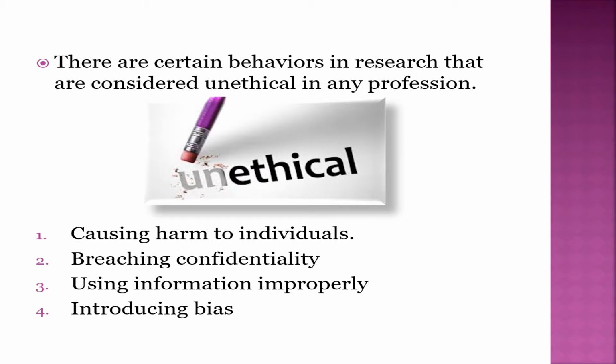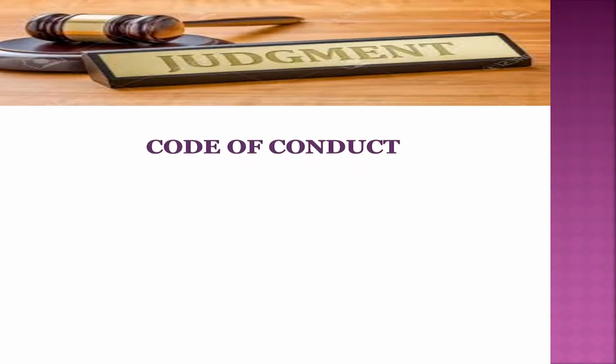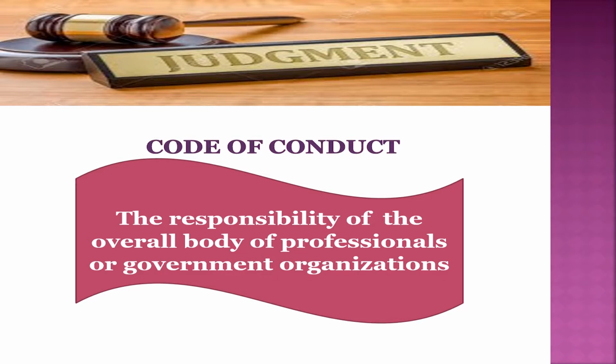The judgment for correctness of a code of conduct is a responsibility of the overall body of professionals or government organizations that collectively develop a professional code of conduct and form a judgment as to whether or not it is being followed. As mentioned, most professions have established an overall code of ethics and also a code of ethics for conducting research in their respective fields.